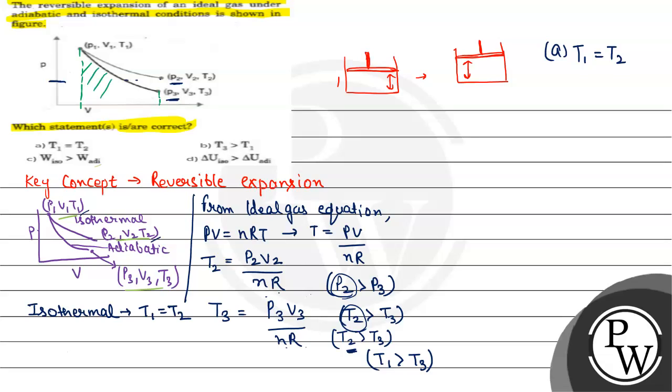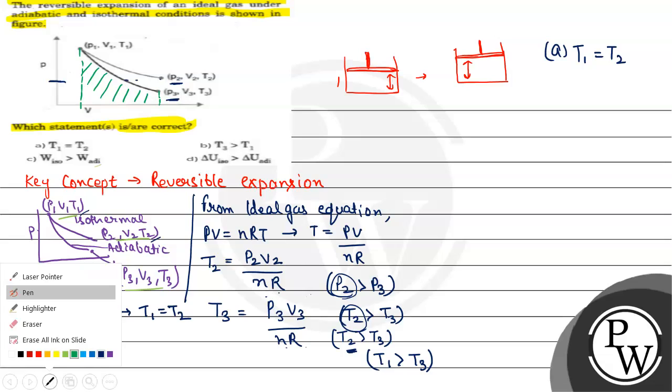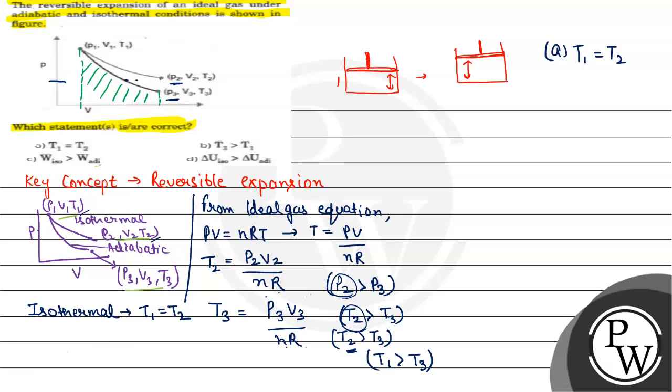This area is for adiabatic and this area is less as compared to the isothermal, whereas isothermal has more area.